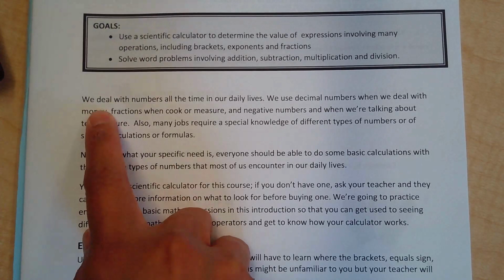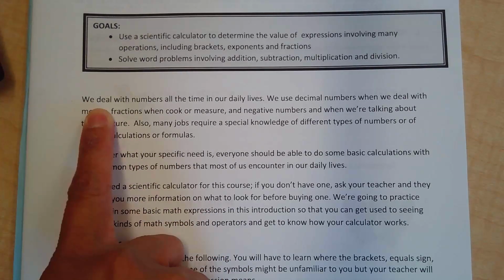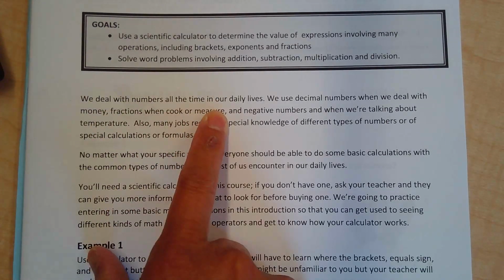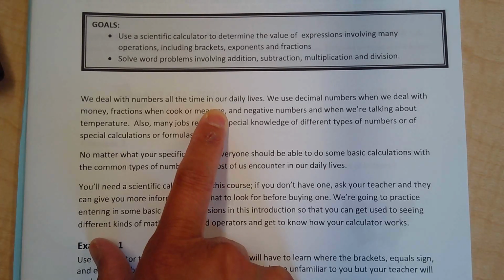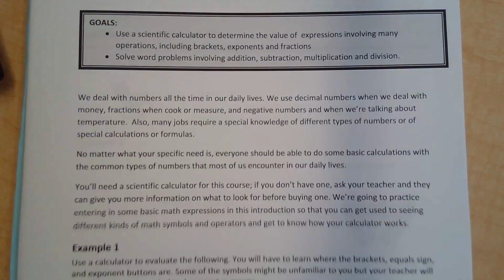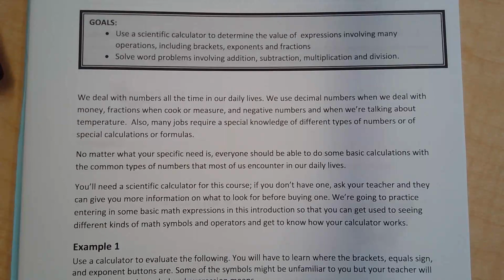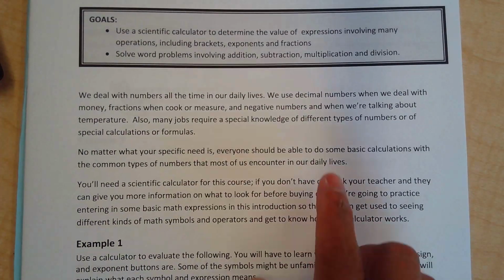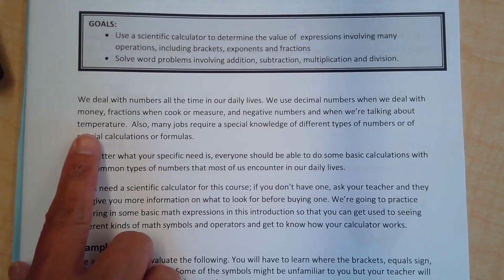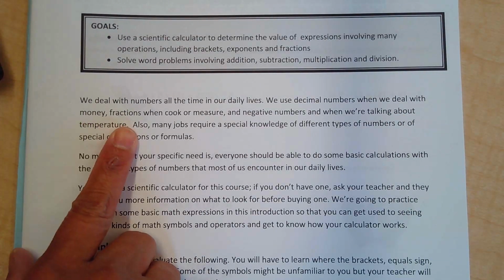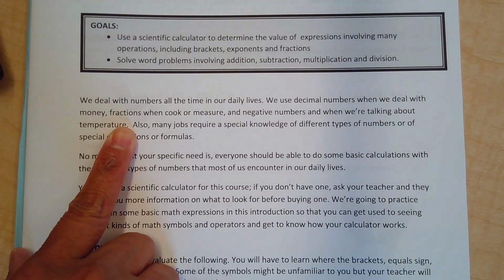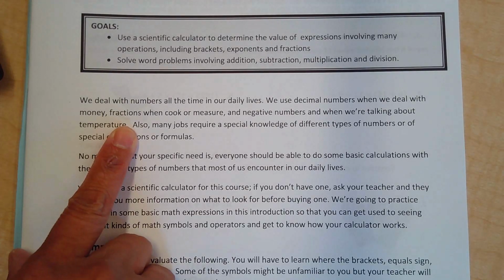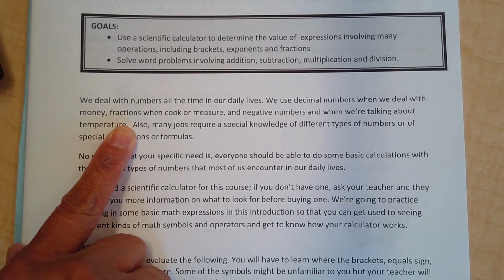Looking over here, it says we deal with numbers all the time in our daily lives, and that's true. We use decimal numbers when we deal with money, certainly. I see some people have coffee, so you've already used some money to purchase some stuff.